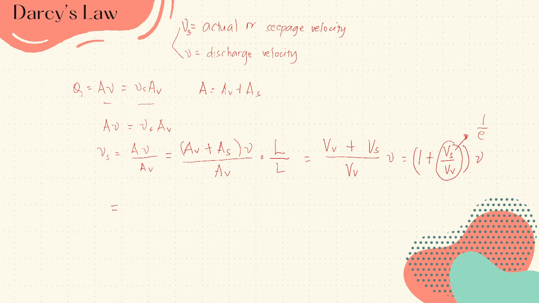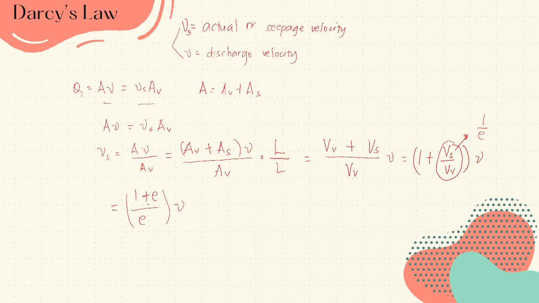And so let's rewrite this: 1 plus e all over e, or 1 over 1 plus e over e, times the discharge velocity.